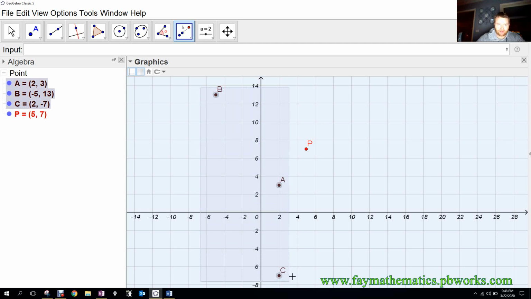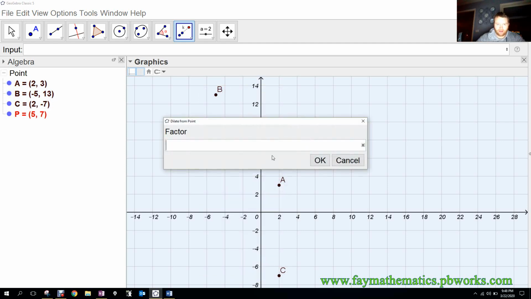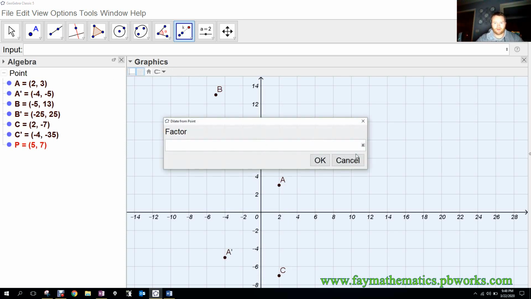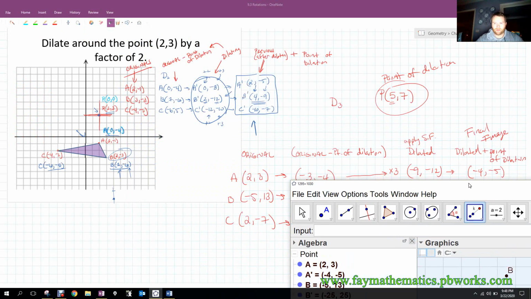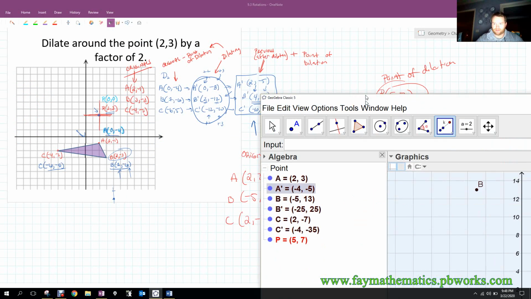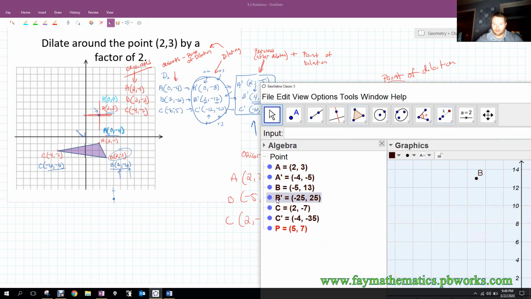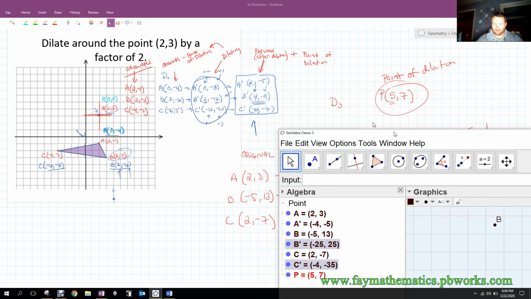So those 3 points off of that factor of 3. Let's see what the ordered pairs are. A prime, B prime. So A prime we said was negative 4, negative 5. We got that. B prime we said negative 25, positive 25. We got that. And C prime negative 4, comma negative 35. We've got that.